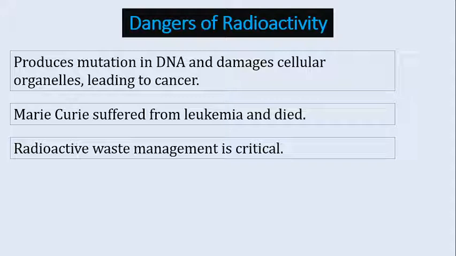So these radioactive wastes or products should be disposed of in a safe area so that they cannot come out to the public place and cause any harm to them. So radioactive waste management is very crucial and critical, and that is a very sensitive topic. How to deal with them, how to bury them, or how to dispose of them safely. What is the safest place on the earth to bury them? So there is much concern about this topic.